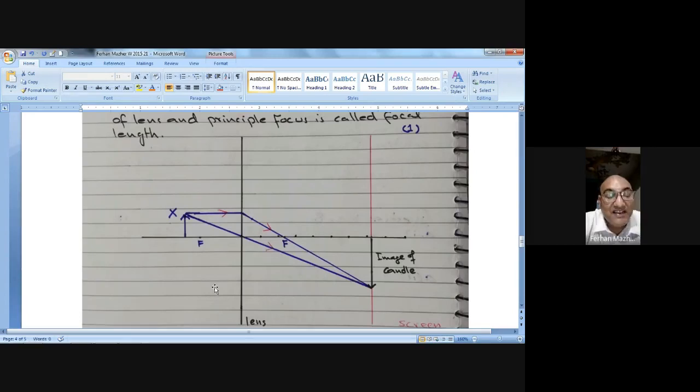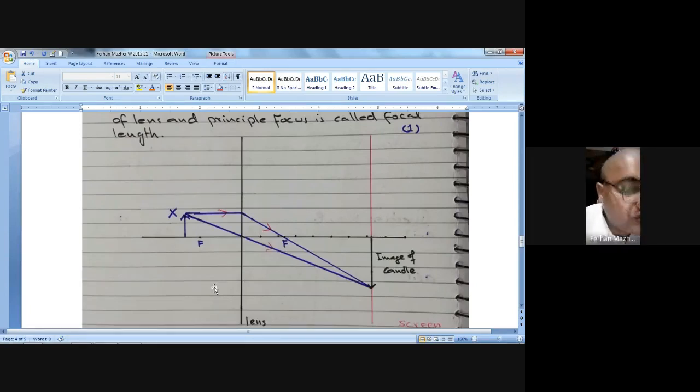Do the counting on the graph paper by counting the squares. So I marked 2.4 centimeter by counting the squares, not by measuring with the scale. So be careful in this manner.